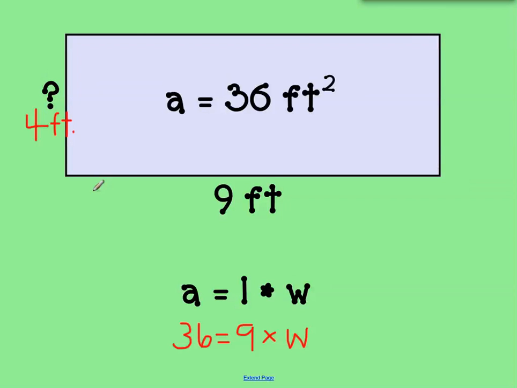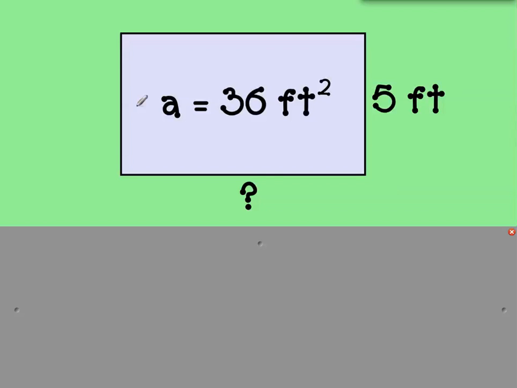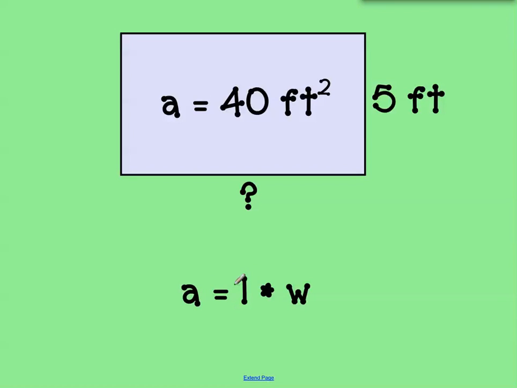All right, let's take a look at another one. So here we have total area is 40 feet squared. I've told you that the width is 5 feet, and you are solving for the length. So again, we're going to start with our formula, area equals length times width. I'm going to substitute in the information that I know.